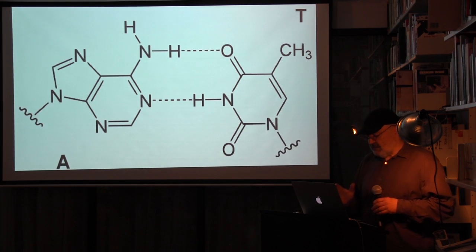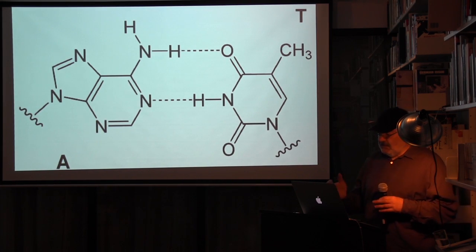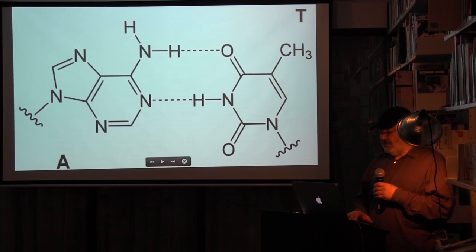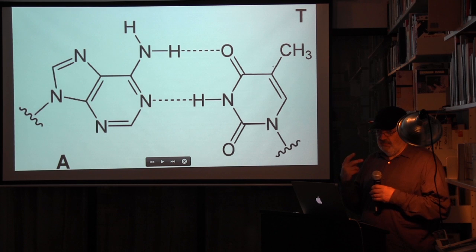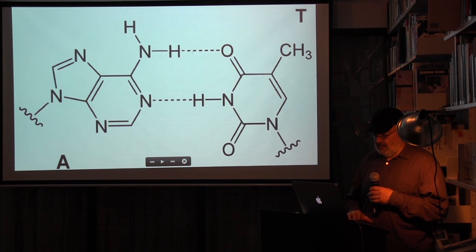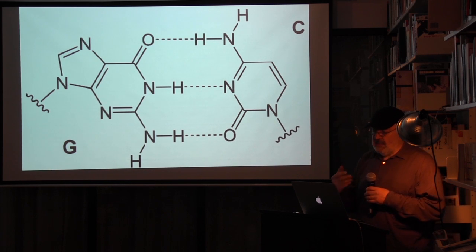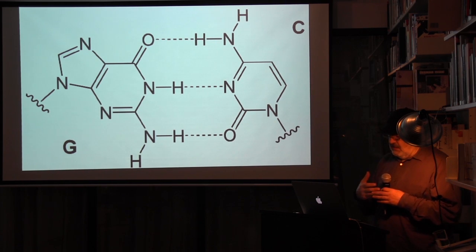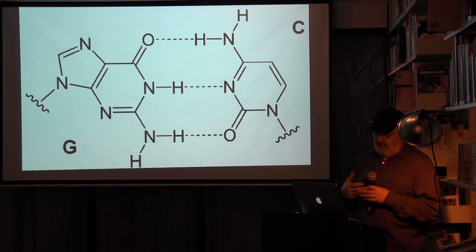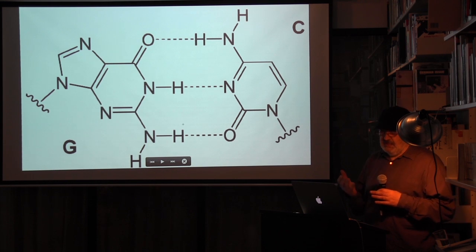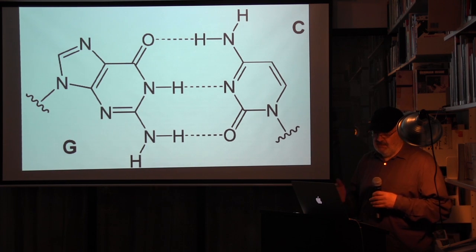Thanks to their properties, adenine and thymine form the base pair with 2 hydrogen bonds, which we can see here. While guanine and cytosine establish their pair bonding through 3 hydrogen bonds. So that's what makes the difference between these 2 base pairs.